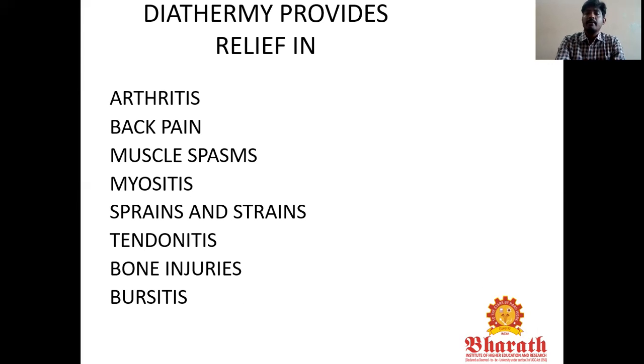These are the main problems relieved with the help of the diathermy machine. Mainly we focus on muscle spasms, pain, arthritis and bone injuries. At the same time, after an injury, the person getting treatment would compulsorily like to use a diathermy device to relieve pain.